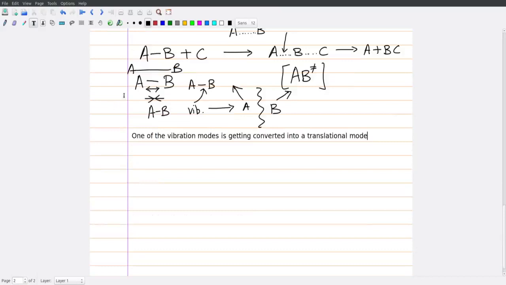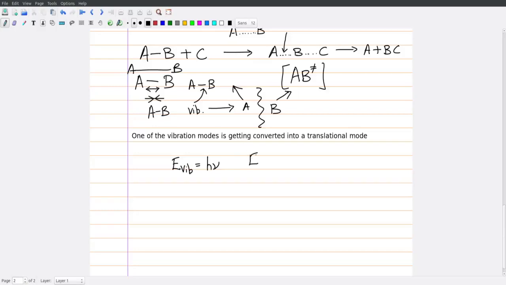Now according to Planck's theory, we know what is Planck's theory, this energy of vibration is given by E equal to h mu, where mu is the frequency of the vibration.